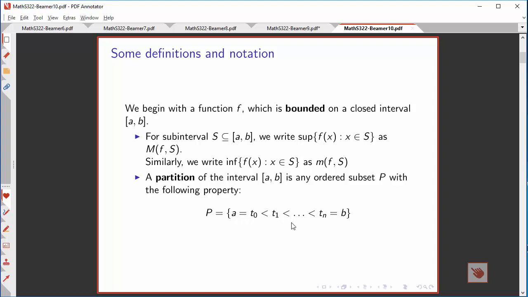The way Riemann integrals are traditionally done in a first course in calculus is we space these out evenly. So if a is 0 and b is 1, we might have t0 equals 0, t1 equals 0.1, t2 equals 0.2, and so on. But here, as long as these are increasing, and there are n of them, the partition is completely arbitrary.